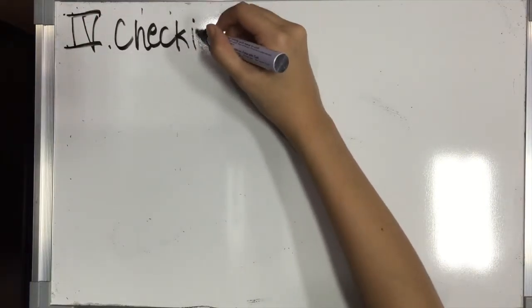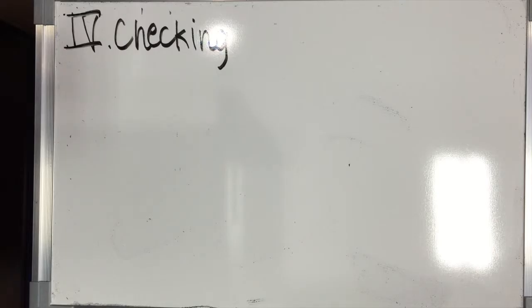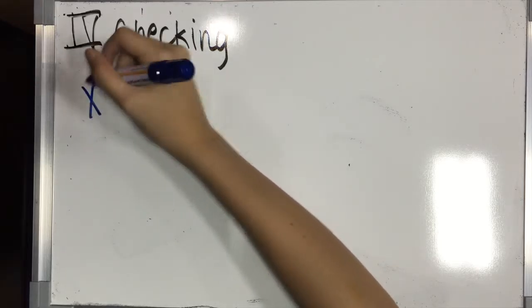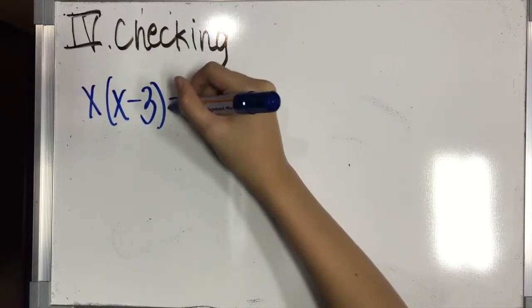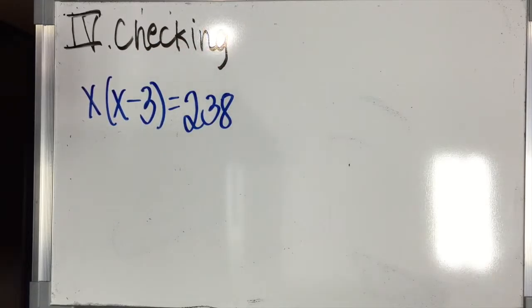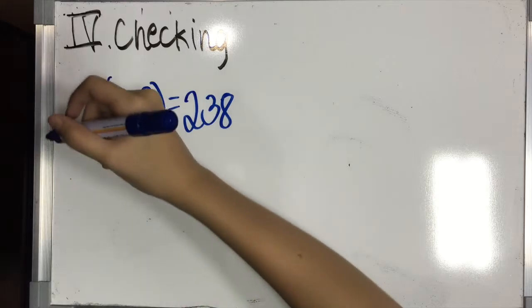So we check if the values that we got from the solution are correct by substituting x in the original equation to see if the final statement is true. The original statement was x times x minus 3 equal to 238.